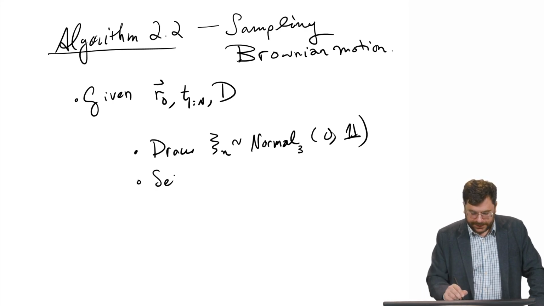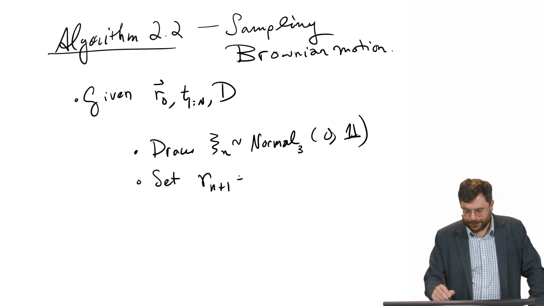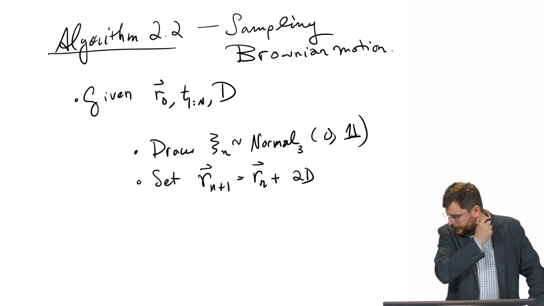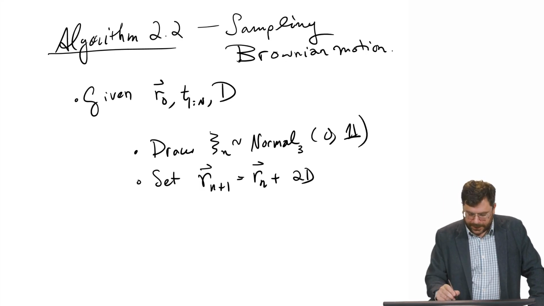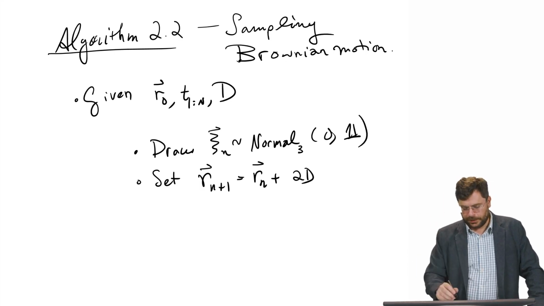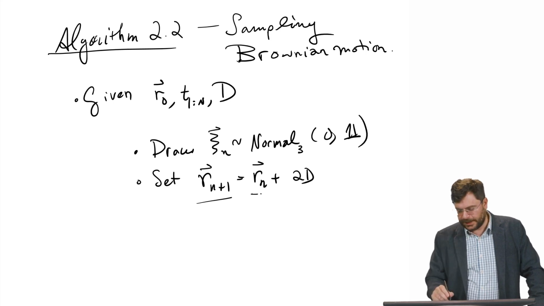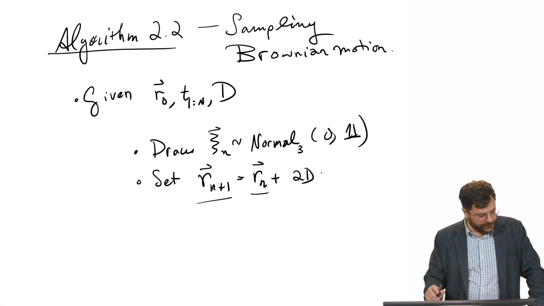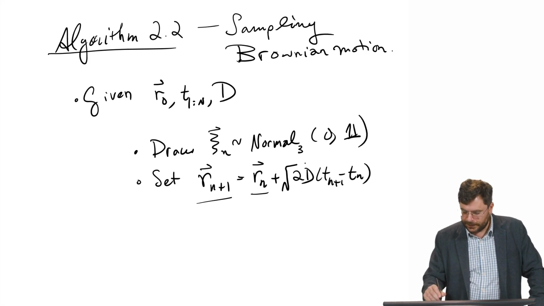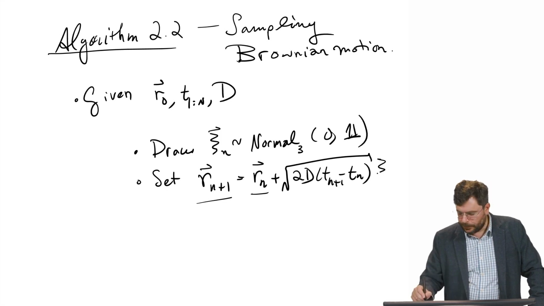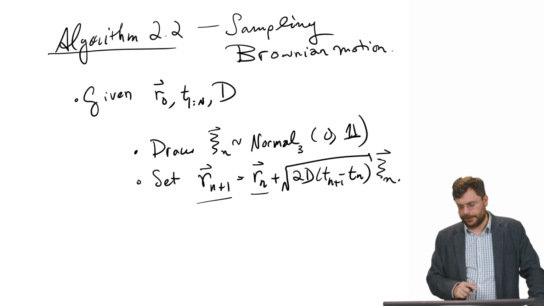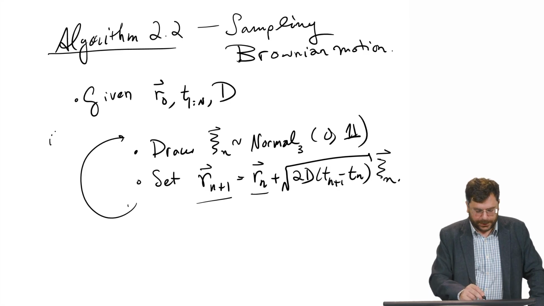And then you're going to set Rn plus 1 equals Rn plus the square root of 2d times Tn plus 1 minus Tn, multiplied by that vector, and let's make these all vectors, because you're drawing 3 Gaussian random variables. So your next position is your current position plus that term. And then if you want, you iterate.